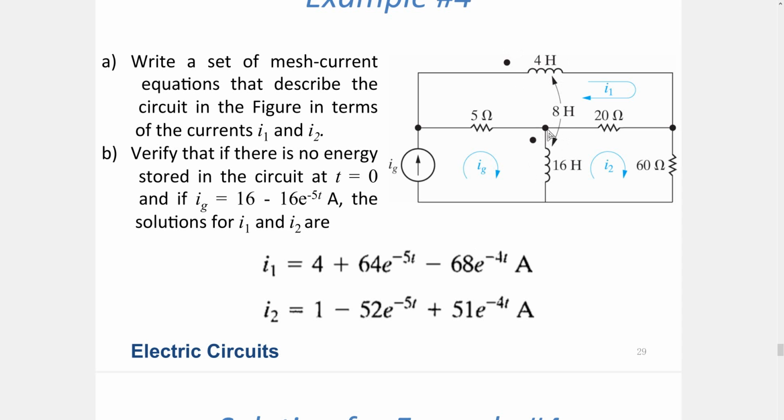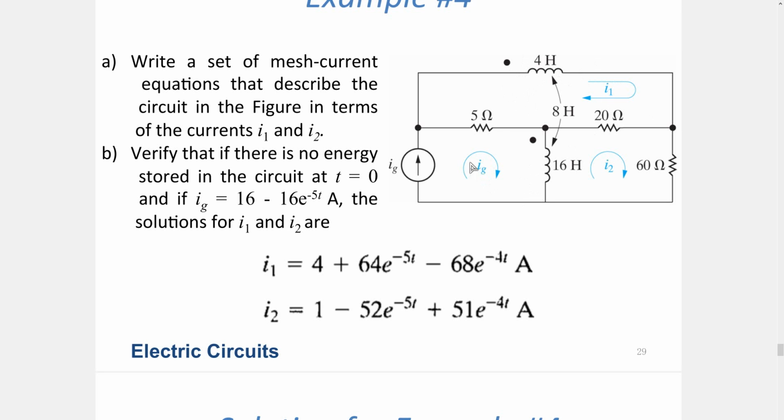That coupling causes an 8 henries of mutual inductance between the 4 henry and the 16 henry inductor. We just keep it as a note. And since we know the dots, we know the polarities, basically the plus and minus signs.